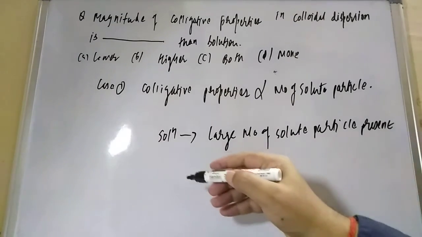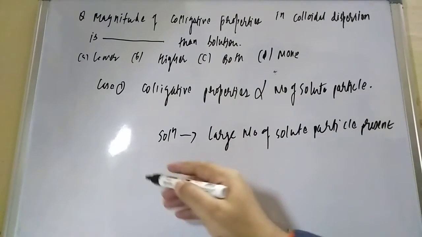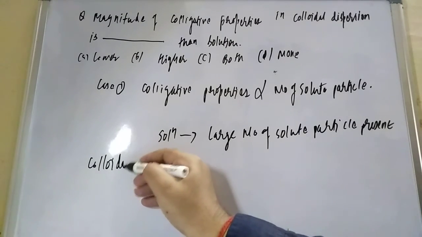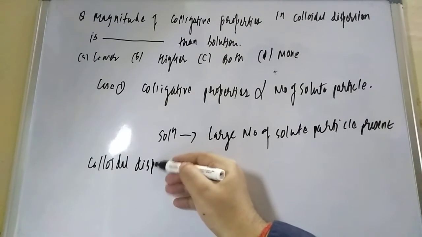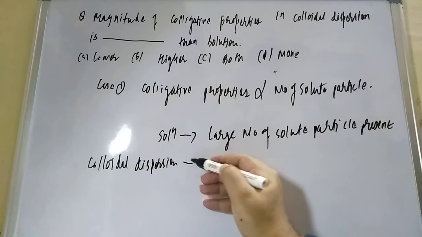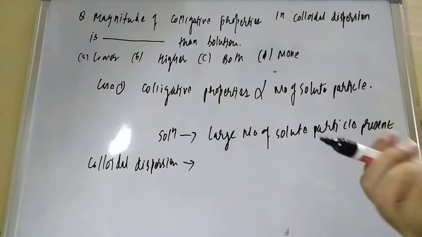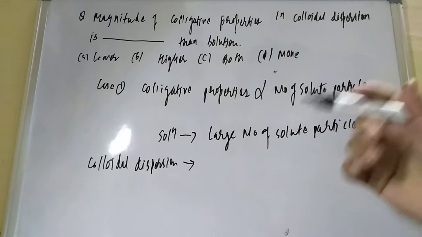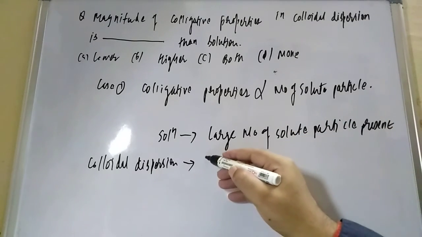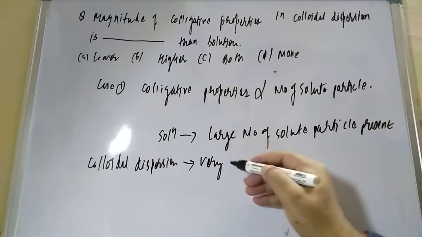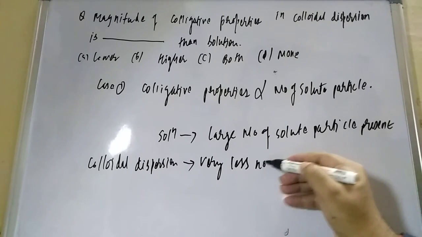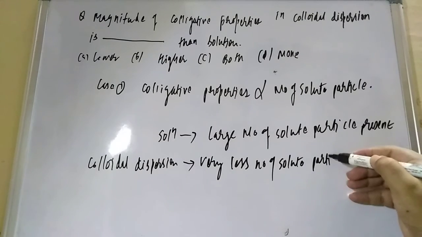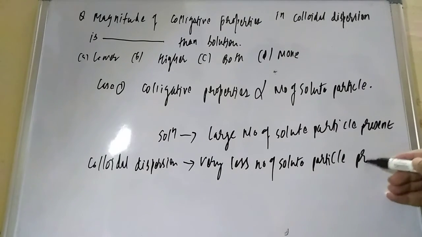When you talk about colloidal dispersion, the particles are present as aggregates, student. Many particles collide together and form a large particle, so there is a very small number of solute particles present.